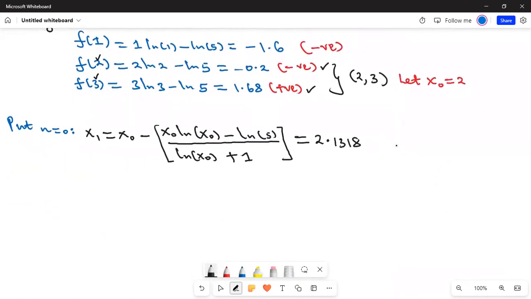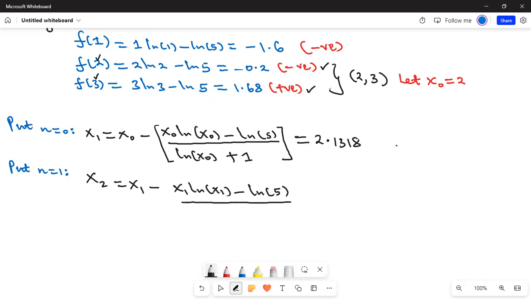Find x2. So when I put n equal to 1, what am I going to get? I'm going to get x2 equal to x1, already we have found x1, minus x1 ln of x1 minus ln of 5, everything over ln of x1 plus 1.